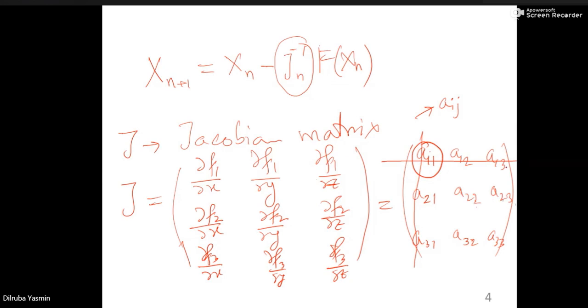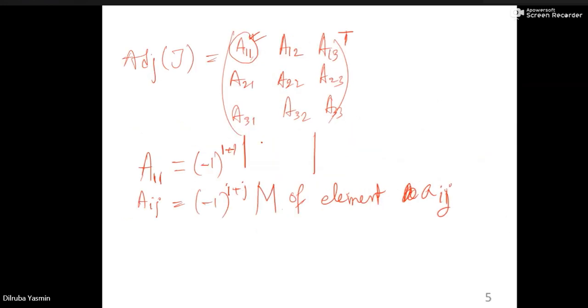A22, A23, A32, A33. Isn't it? So if you do this operation, you will get capital A suffix 11. So just follow this formula to find capital A suffix 11, capital A suffix 12, till capital A suffix 33. Then if you take the transpose of it, you will get the adjoint of the Jacobian matrix.